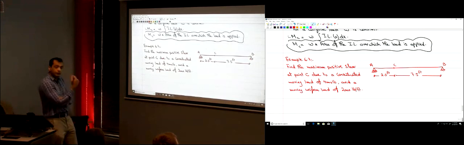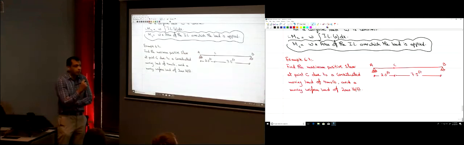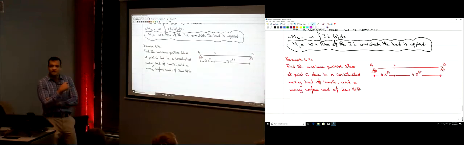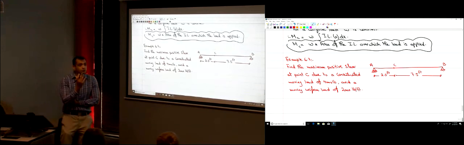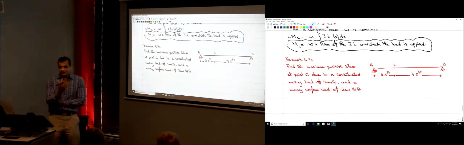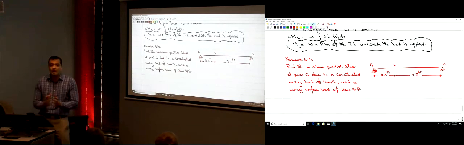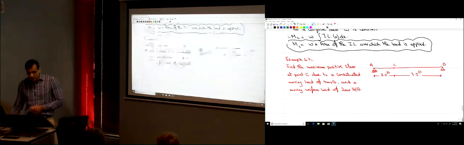And there is also a uniform load. But where is this uniform load applied? It's not given. It's your task to find where this uniform load would be applied to maximize the positive shear at point C. So you're given the loads, but you're not given their locations, so you have to find their locations to maximize VC, the shear at point C.